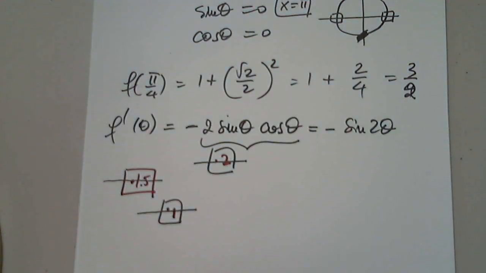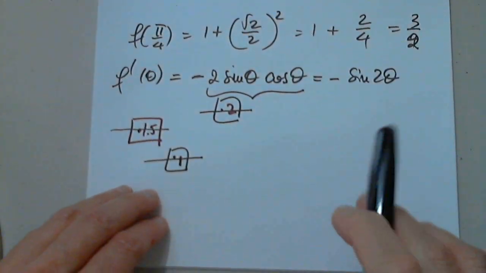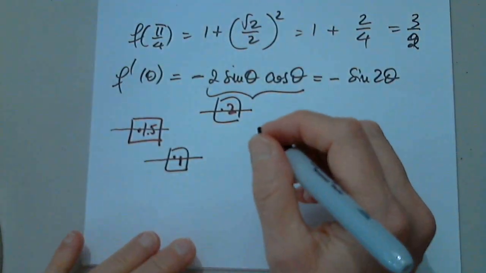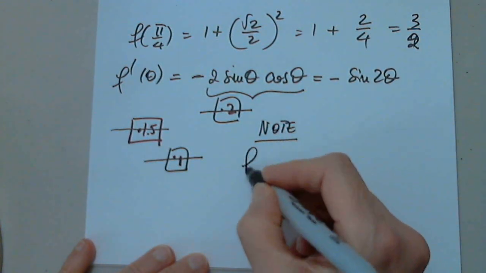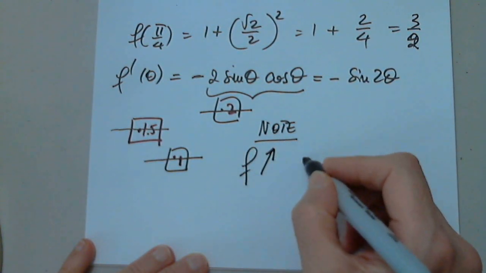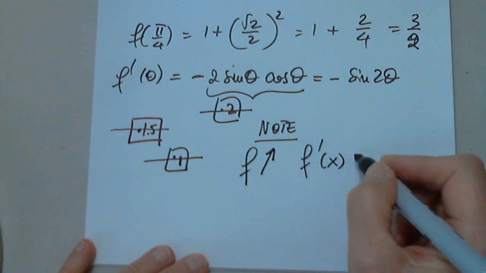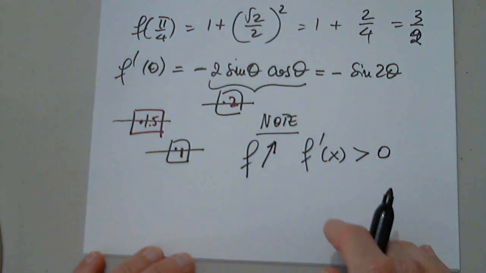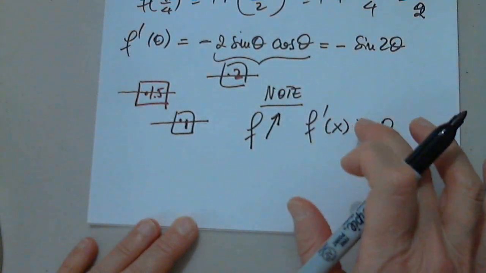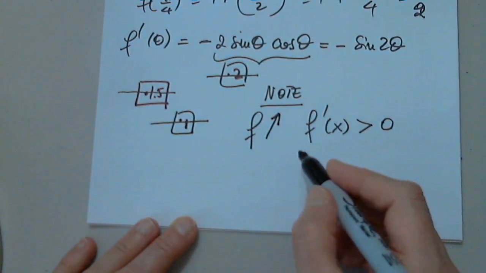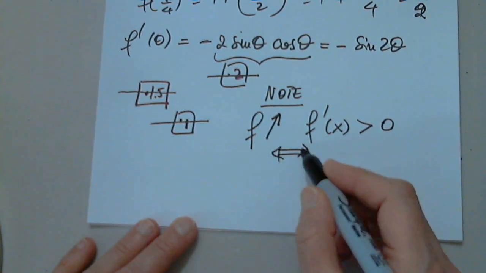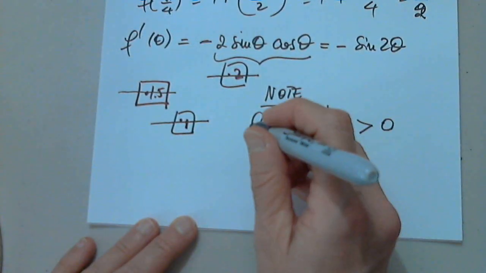Awesome. So before we look at that one with the natural log, I just want us to clarify one more time. So a note. F increasing means f prime of x positive. Vice versa. F prime positive, the function must be increasing. So you can read that dynamically from left to right and from right to left.